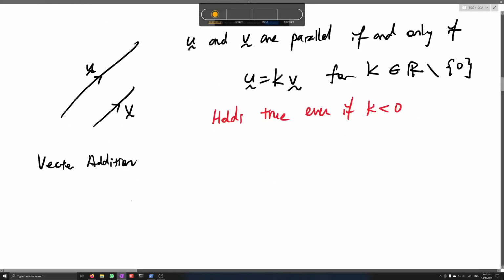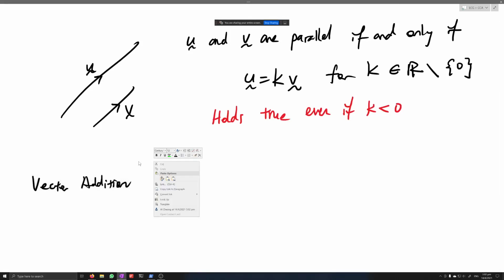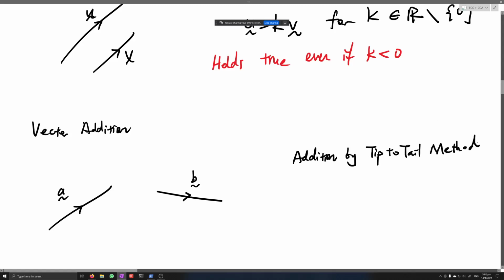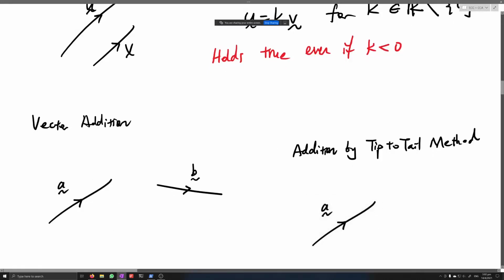Okay, so now we go to vector addition. Let's say we had a vector a and another vector b. How am I supposed to add these two? If we add them by the tip to tail method, essentially I'm going to take this one and place it here.